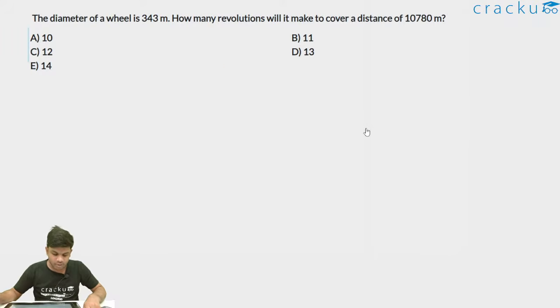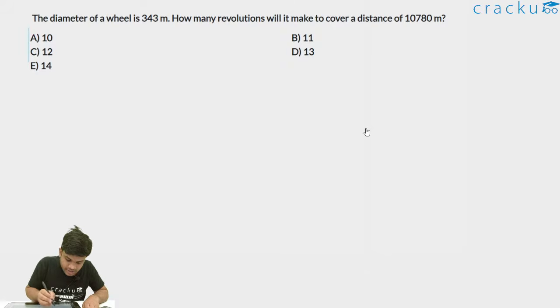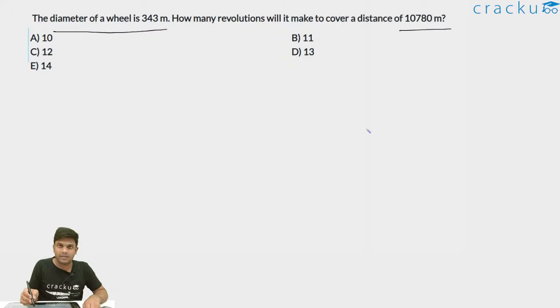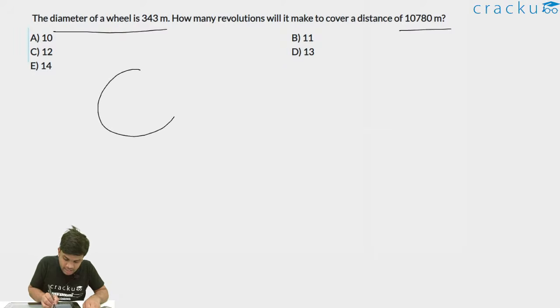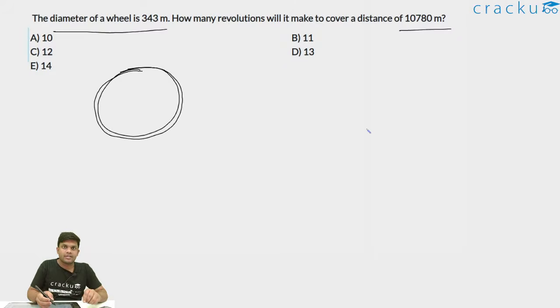Now let's look at this question. In this question, it is said that the diameter of a wheel is 343 meter. How many revolutions will it make to cover a distance of 1780 meter? So in the wheel case, it is like this circle. Wheel is a circular shaped object. So the outer part of this wheel or the circle is the circumference.